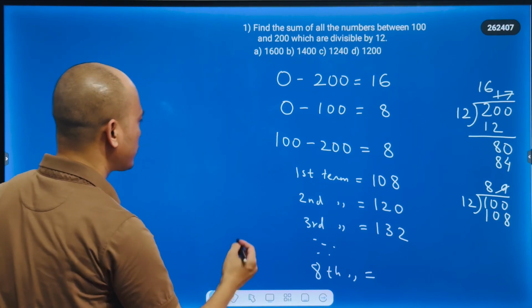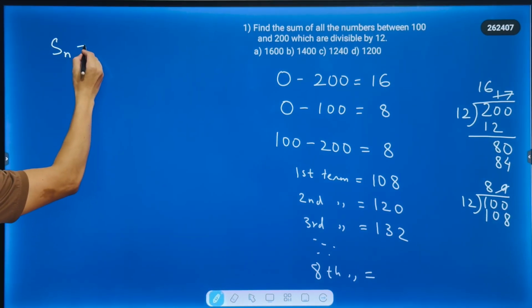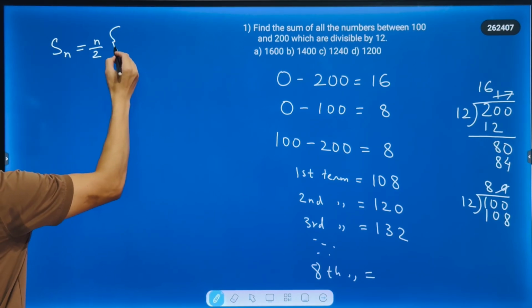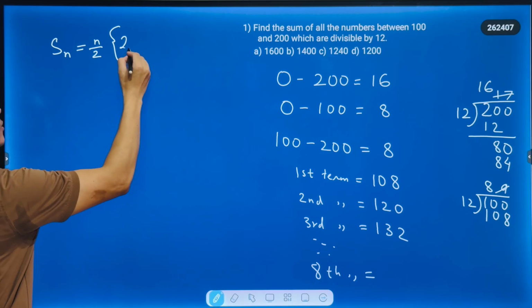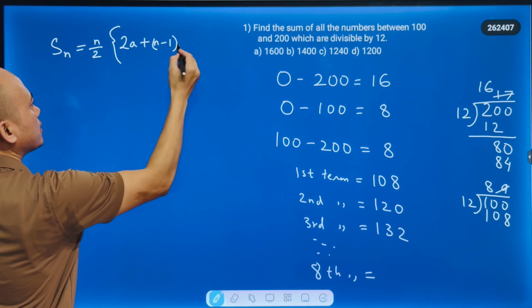For this type of question we have to use a formula, which is: sum of n terms is equal to n by 2 into (2a plus (n minus 1) d).